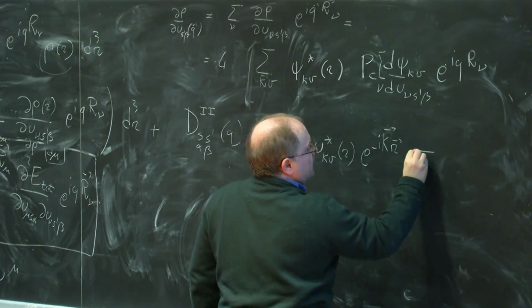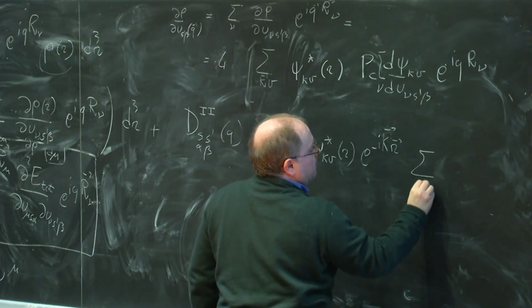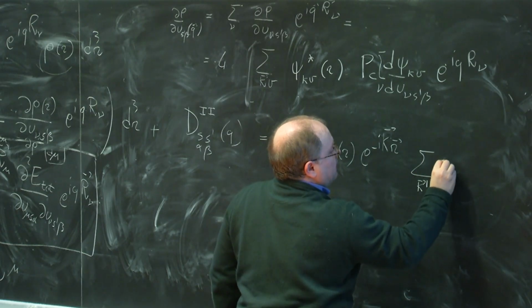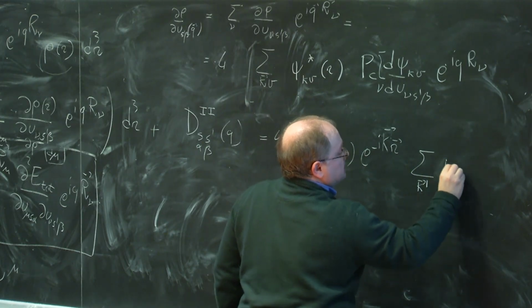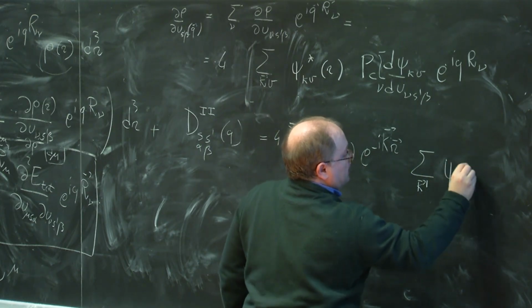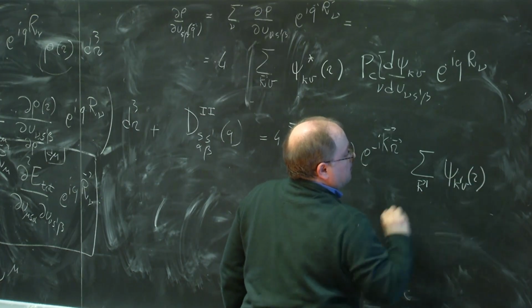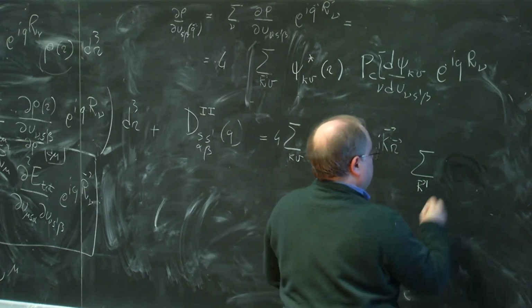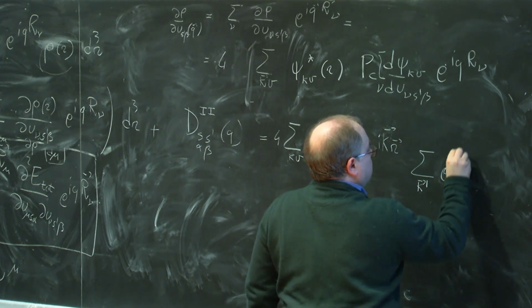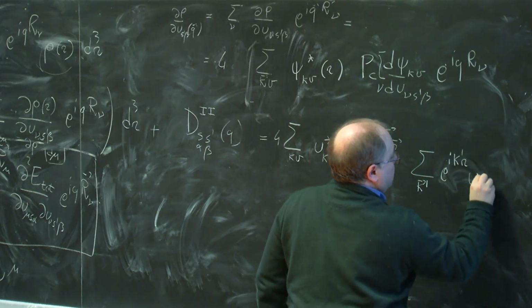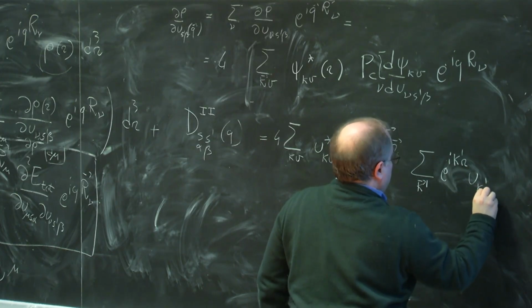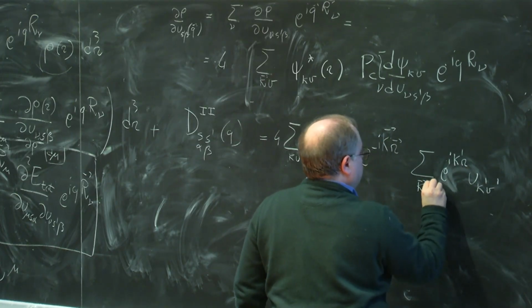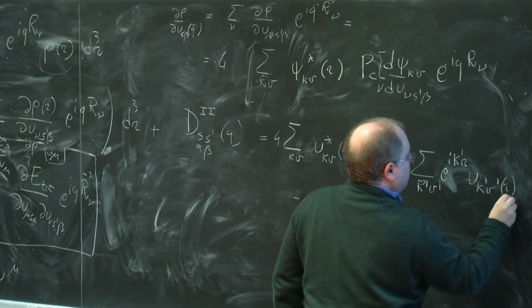Let me write the P_C as a sum over k prime, some k. I have a psi k prime v prime, or better, e to the i k prime r u k prime v prime of r.